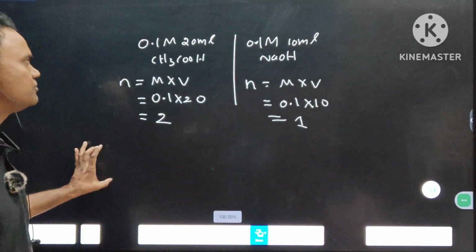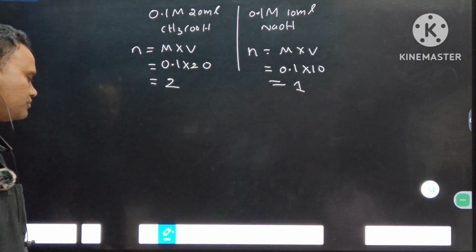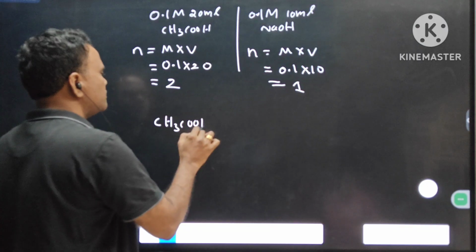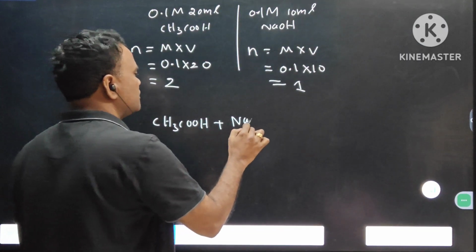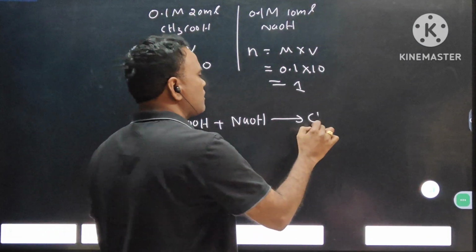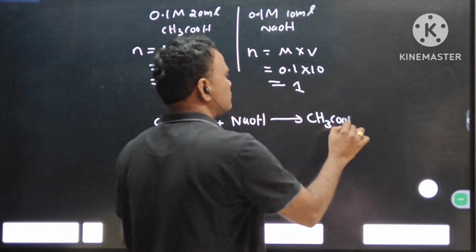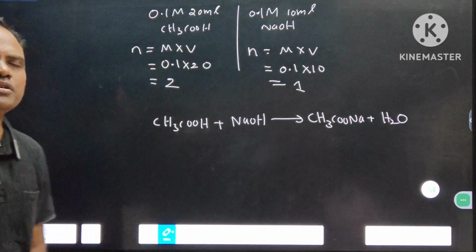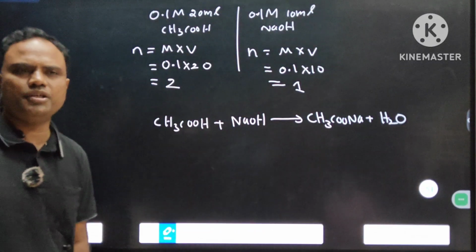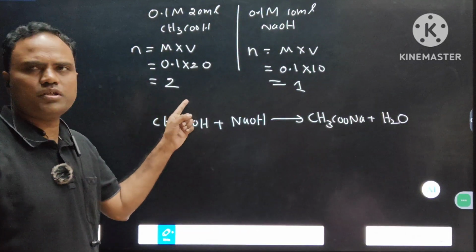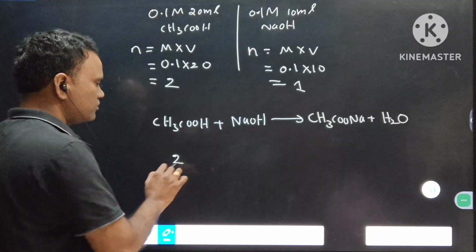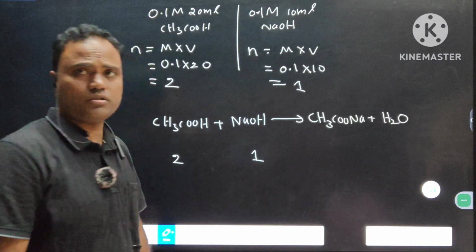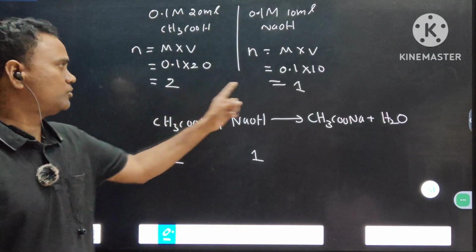To write the equation, CH3COOH plus NaOH gives rise to CH3COONa plus H2O. Right. Now apply the limiting reagent. What are the moles according to the data? 2 moles and 1 mole.